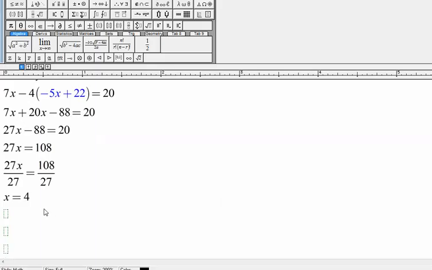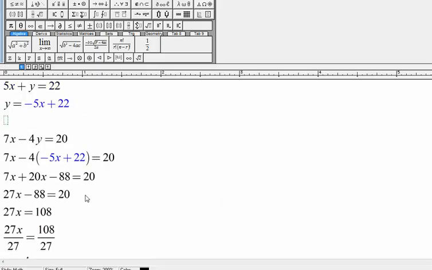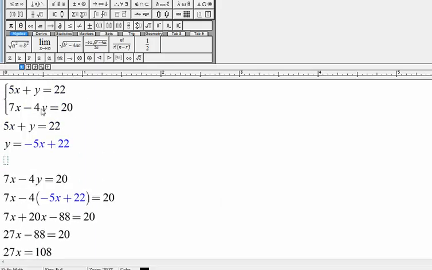Now that we know the value for x, we could go back to either original equation and solve for y. Now it's always a good idea to go back to the original equations in case you've made a mistake somewhere in between. If everything has been done correctly, you can go ahead and use the equation that you've solved for the other variable.